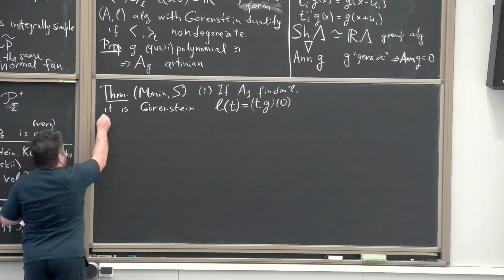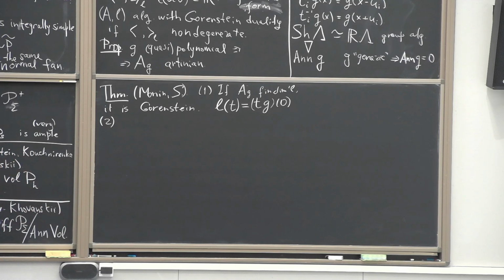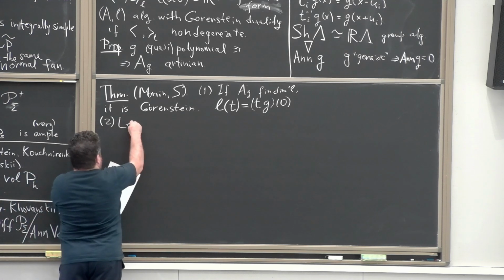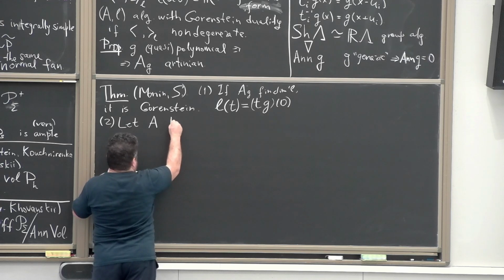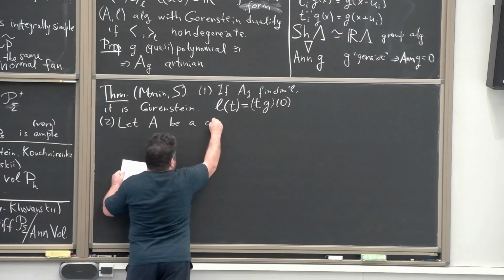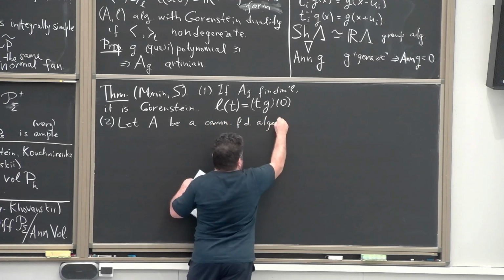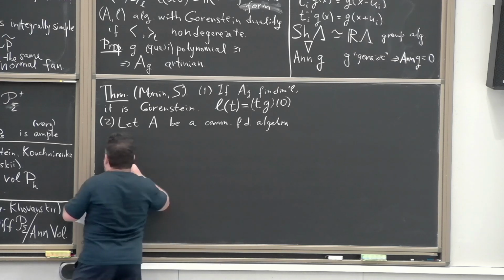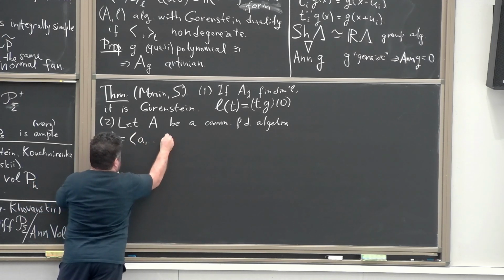And then there is the opposite condition, that all of these are of this type. So let A be a commutative finite dimensional algebra, and the requirement is that A is generated by invertible elements A1, etc., AS.